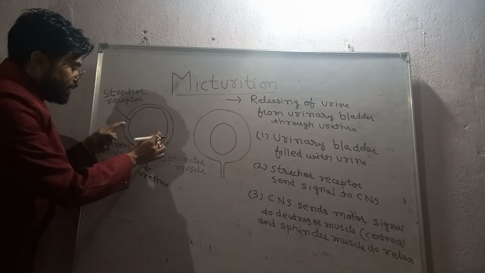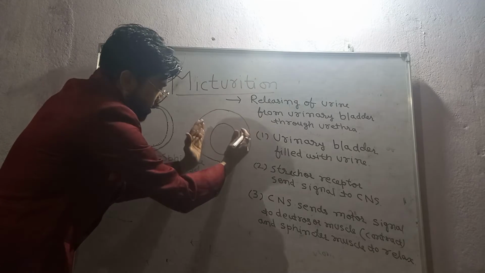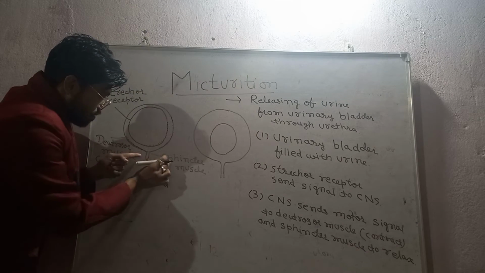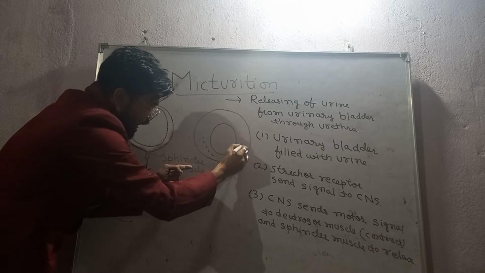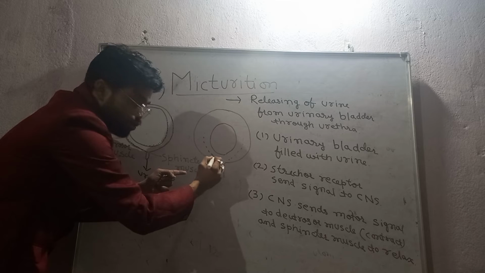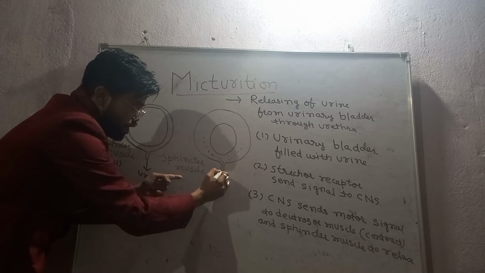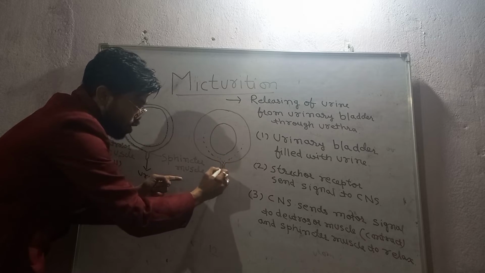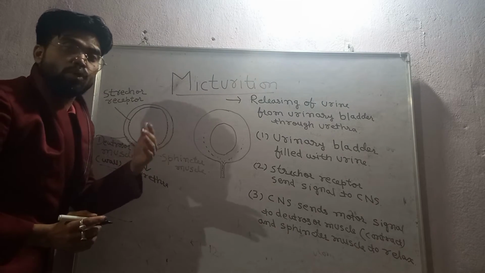Here you observe the detrusor muscles. The detrusor muscles will contract and the sphincter muscles will relax, so that the space will be increased, and because of this space, urine will go out from the urinary bladder. It means urine moves to the outside.